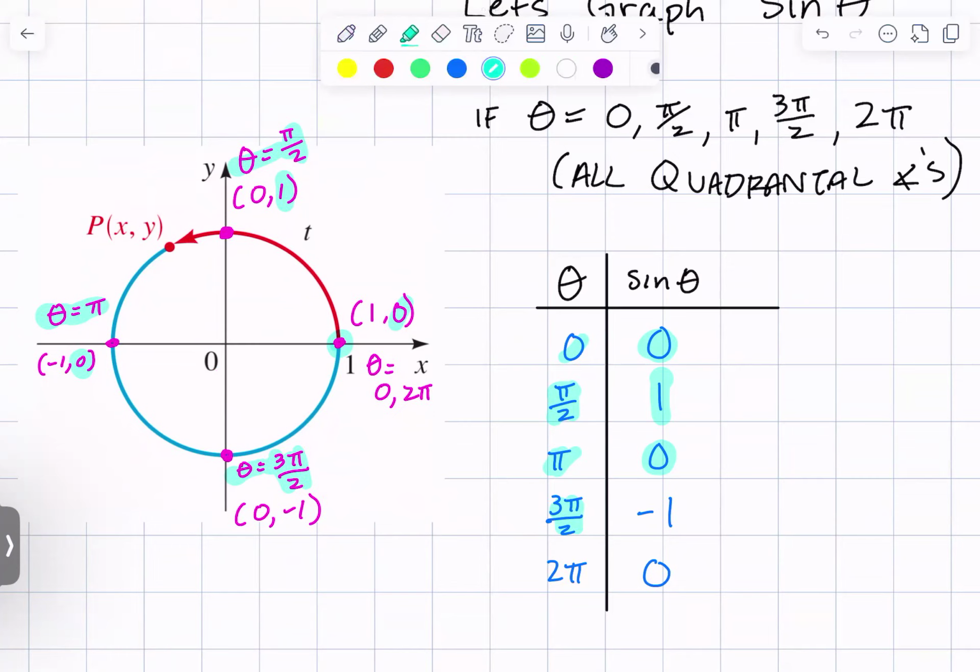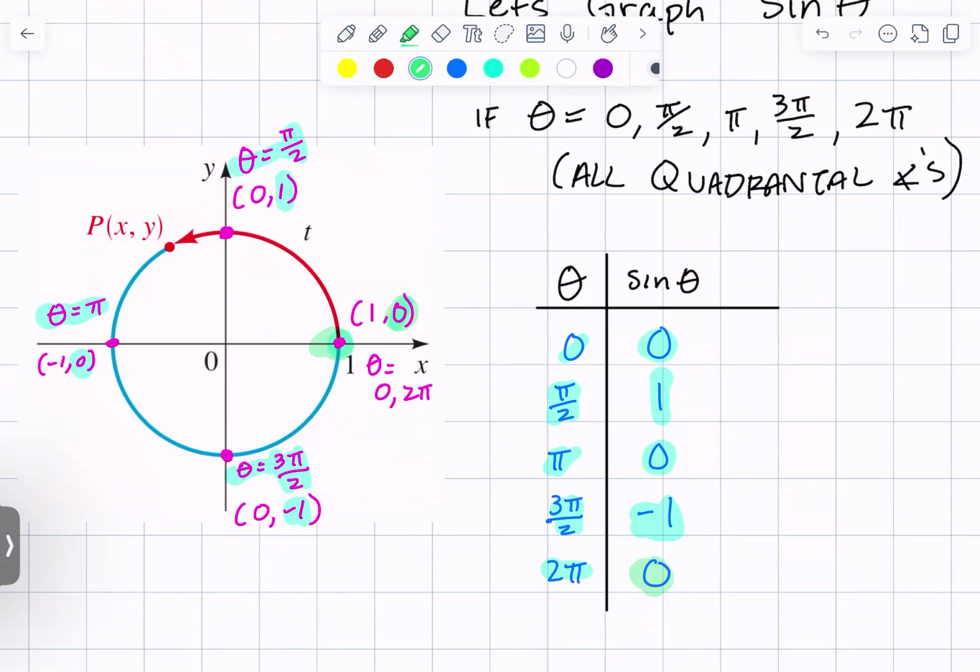And here, my y value is -1, so my sine value is -1. And at 2 pi, I'm back at the full circle at 0. I'm back at 0 here, and that sine value is 0. So then I have a 0 here representing the sine value.